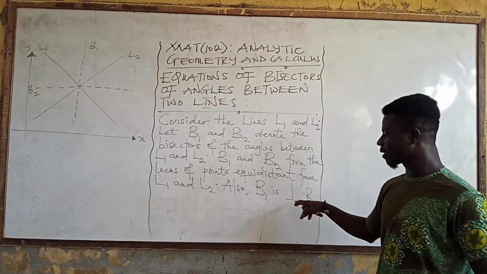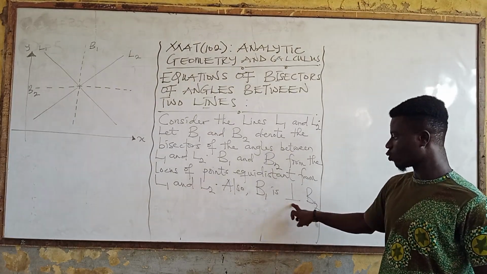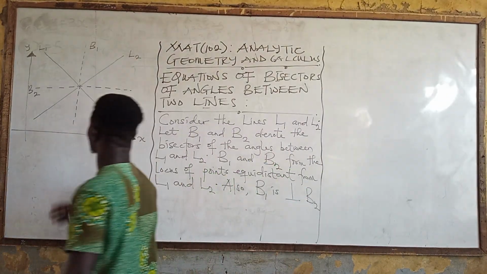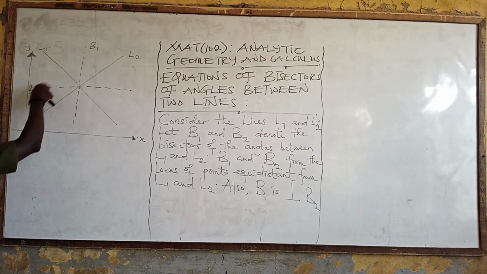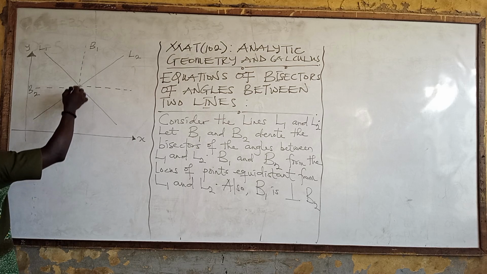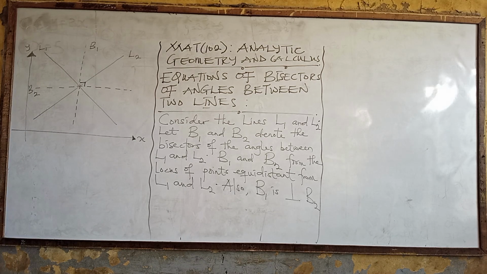Also, B1 is perpendicular to B2. That's the symbol for perpendicular. Now we have the diagram here. We can see that B1 is perpendicular to what? B2. B2 is the horizontal line, then B1 is a vertical line, so it is perpendicular to B2.